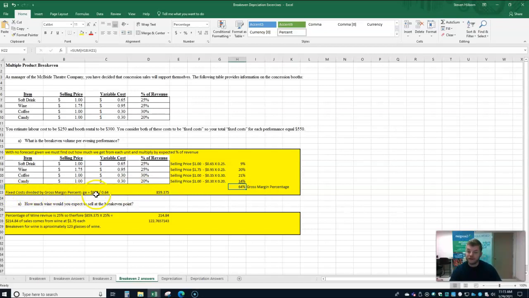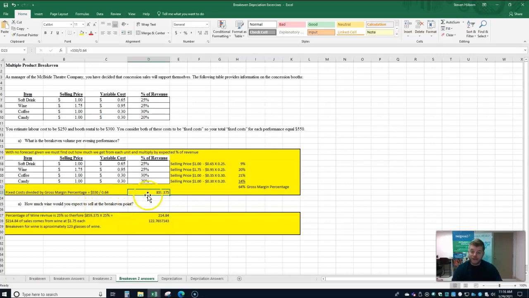So $550, which is the $250 estimated labor and $300 of estimated rental, divided by 0.64 will give us $859. So we only need to sell $859 worth of soft drinks, wine, coffee, and candy in order to break even.